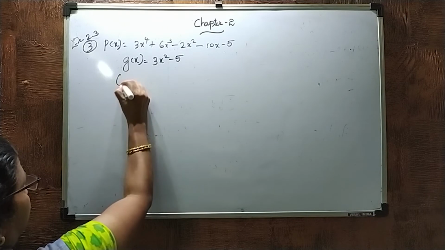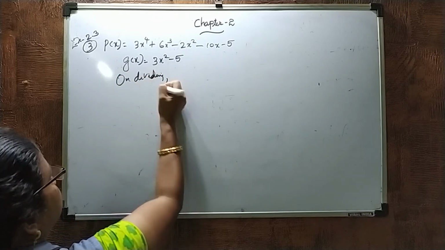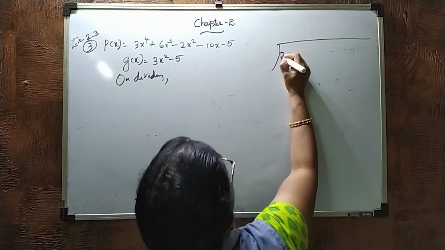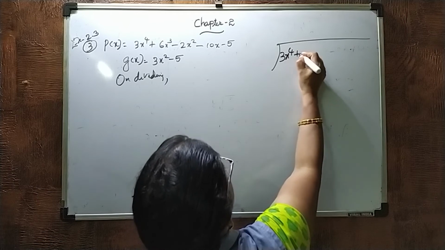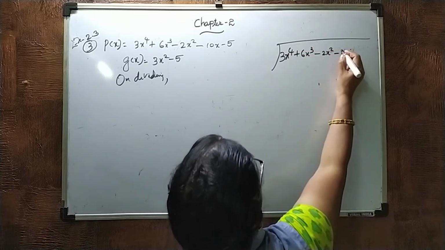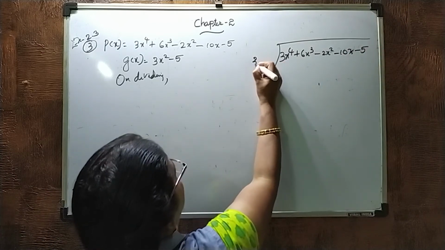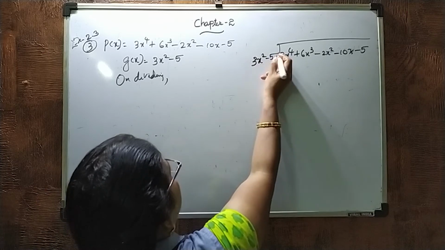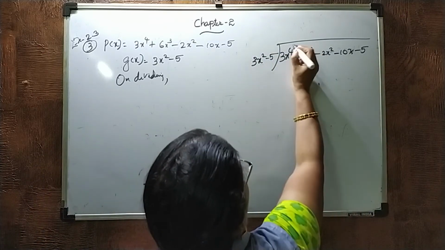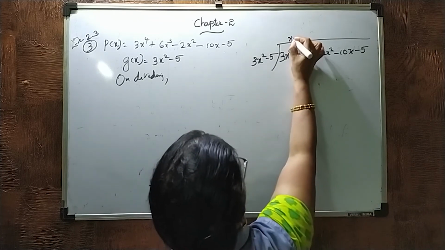Now on dividing, so here it is 3x raised to 4 plus 6x cubed minus 2x square minus 10x minus 5 divided by 3x square minus 5. 3x raised to 4 divided by 3x square, you will get the answer x square.